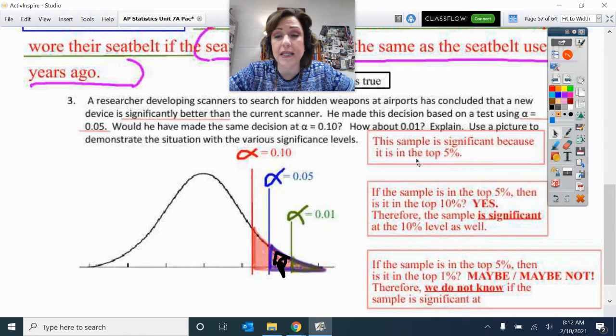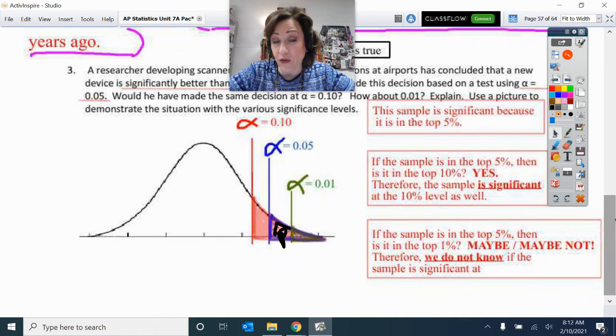But what about at the 1% level? Well, if our sample was in the green section, then it would be significant, and if it was in the green section, it was also in the blue and also in the red. But this sample could have been placed right here, where it was not quite in the top 1%, and therefore it would not have been significant at that level.